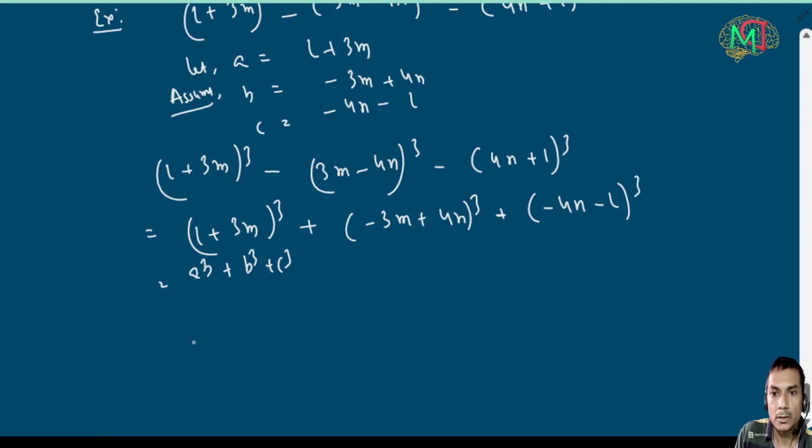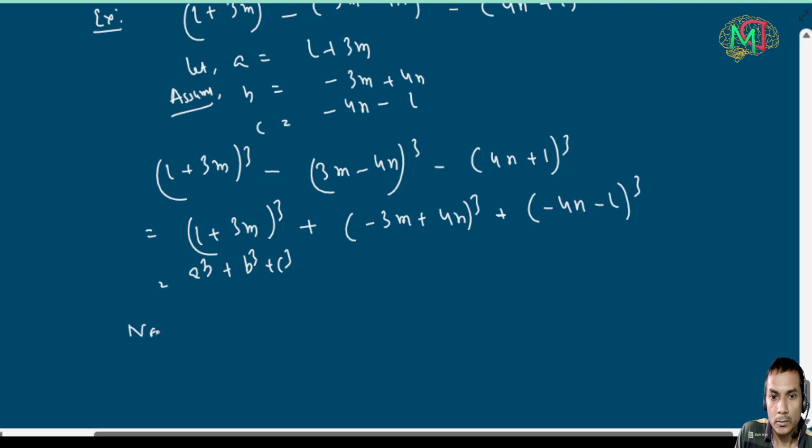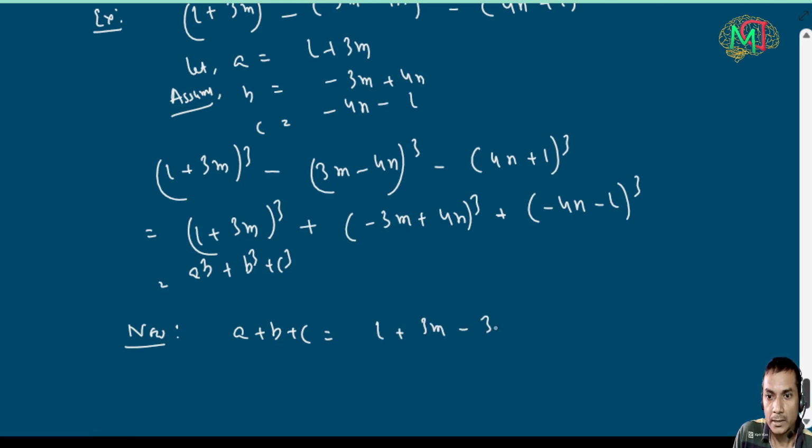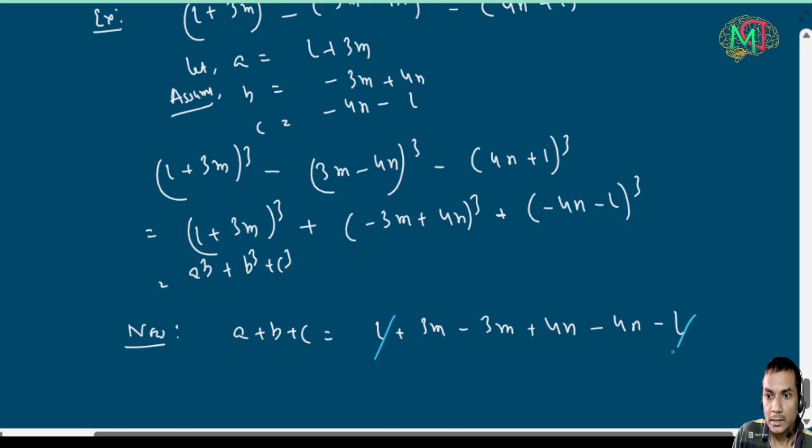Okay, so now we can find a plus b plus c. That will be L plus 3m minus 3m plus 4n minus 4n minus L. Now we check it. L cancels out, 3m cancels out, and 4n cancels out.